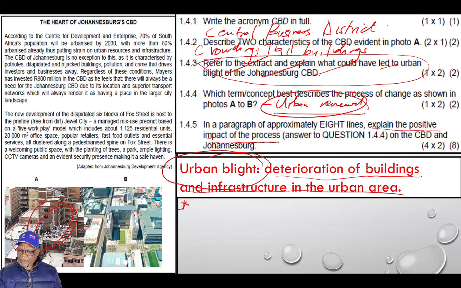And what I like about this question is that it is so open-ended. It does not say specifically social or economic, which means you can give any answers you can think of that are going to be positive impacts of urban renewal. Now, what are we going to have?